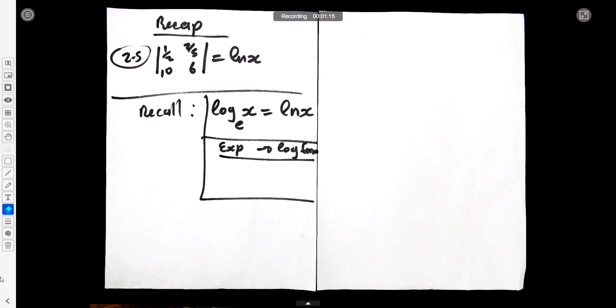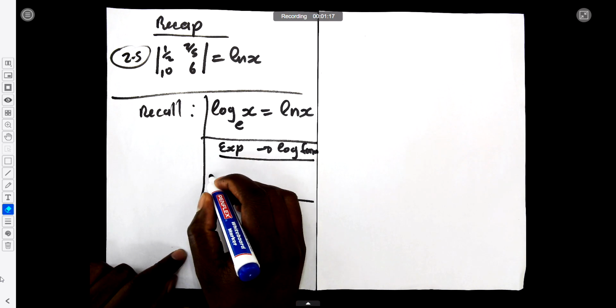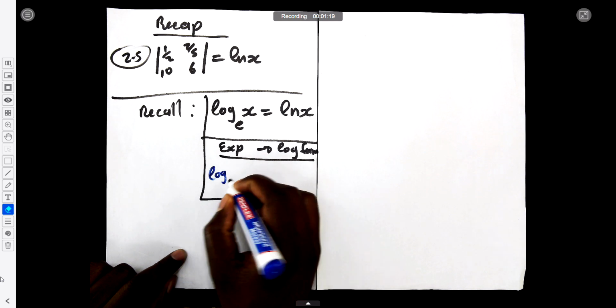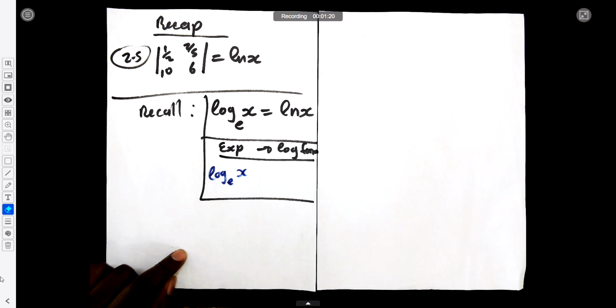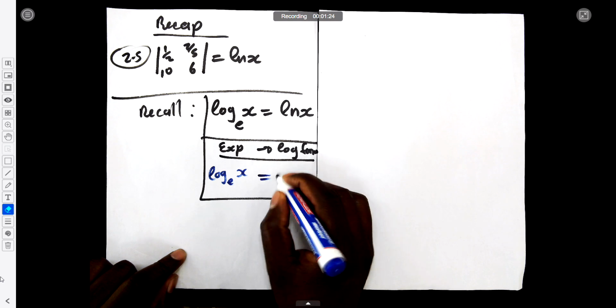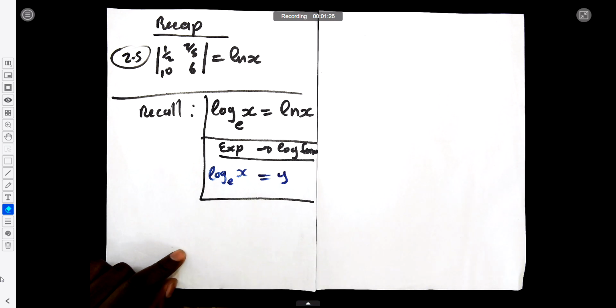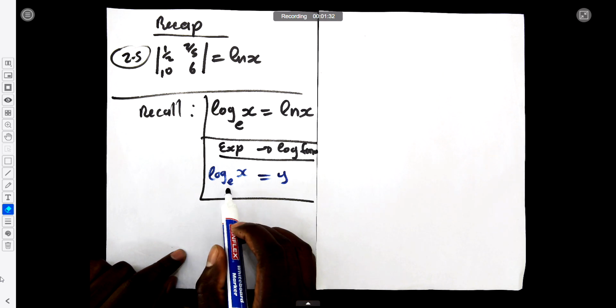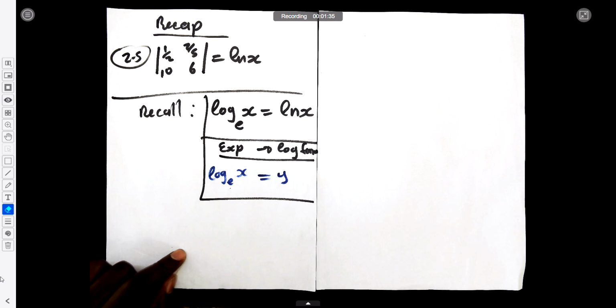So we know that if, let's say, you have log of x to the base e, let's say it's equal to y, for an example. If you have to change from logarithmic to exponential form, whatever is a base in the logarithm will be a base in the exponential.